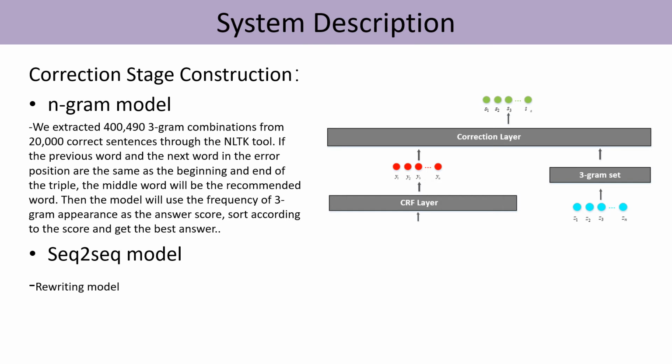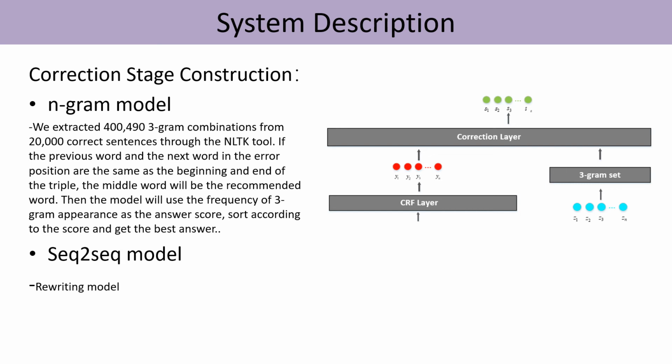If the previous word and the next word in the error position are the same as the beginning and the end of the trigram, the middle word will be the recommended word. Then the model will use the frequency of 3-gram appearance as the answer score, sort according to the score and get the best answer.